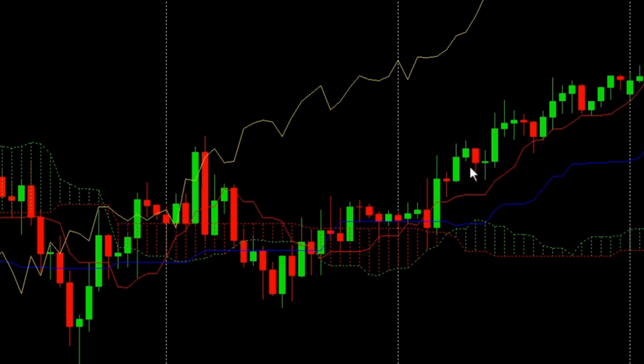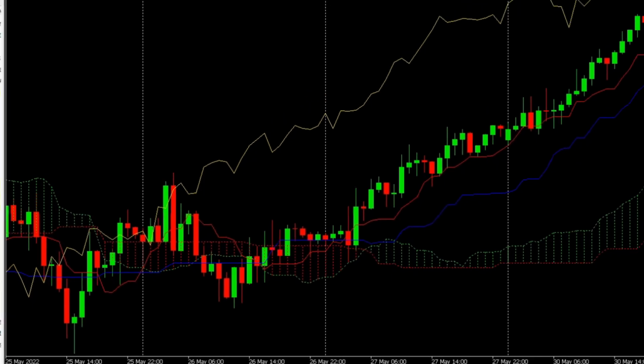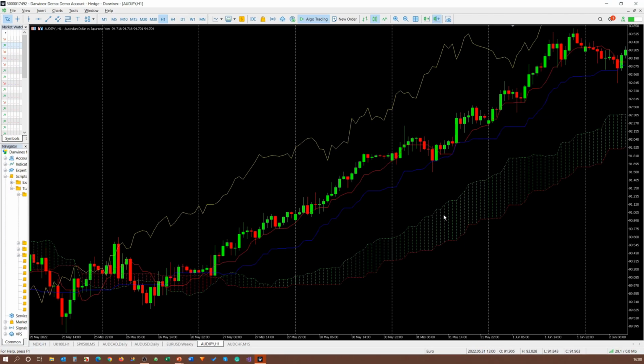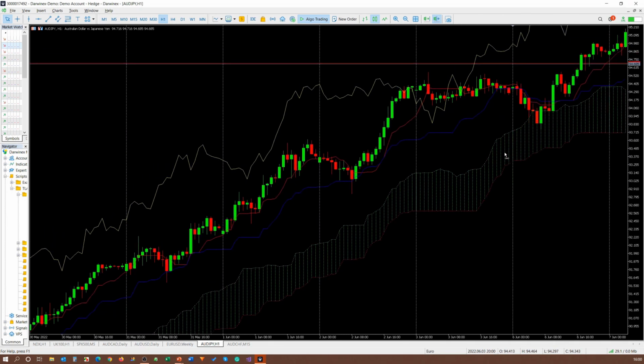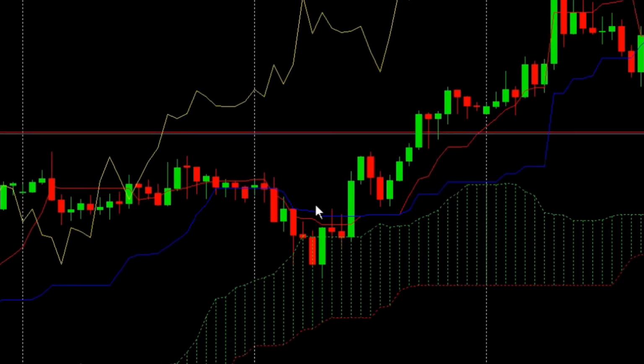And then if we used the closure rule, which is the price either entering the cloud or indeed breaking down below the cloud as an indication that the trend has ended, then we have to come all the way up to here for that first rule.